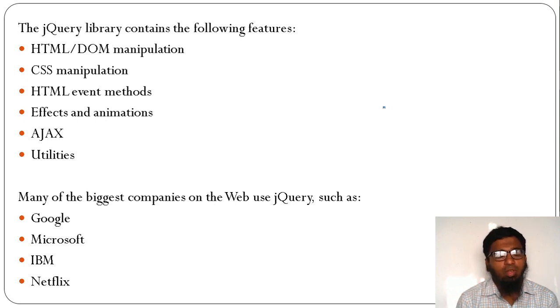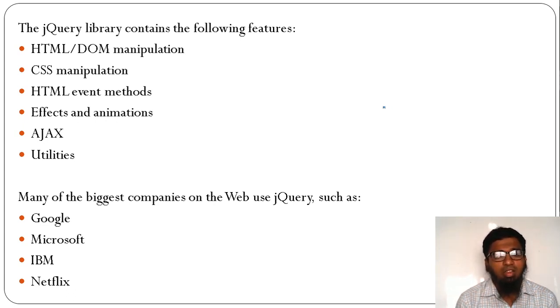This kind of event in HTML can also be performed using jQuery. Then effects and animation: in websites most of the time you can see some animations and effects. That can also be done with the help of jQuery with less code, performing more.